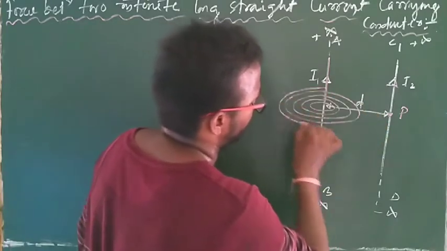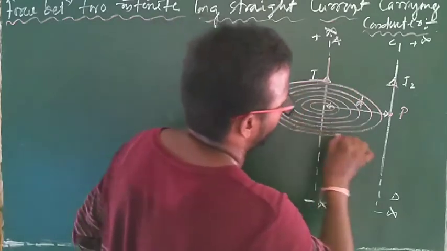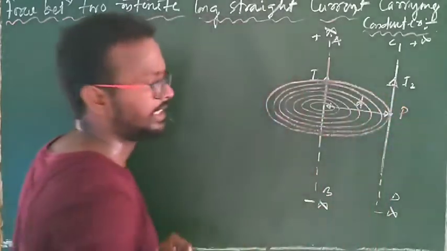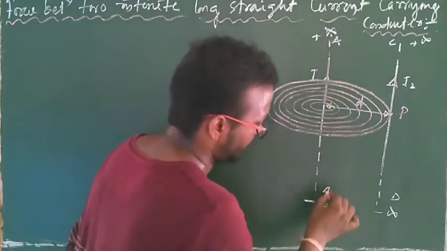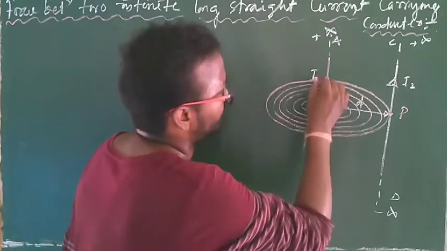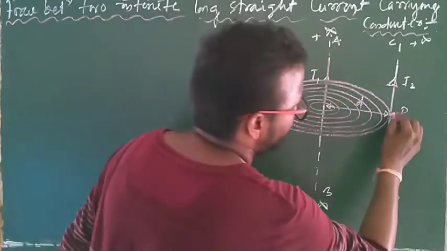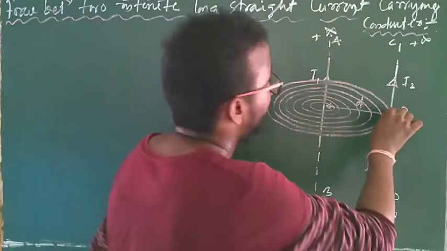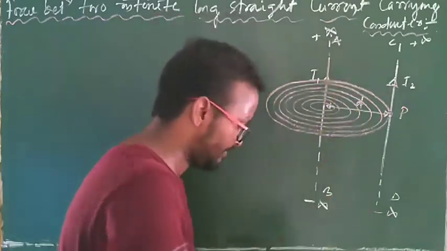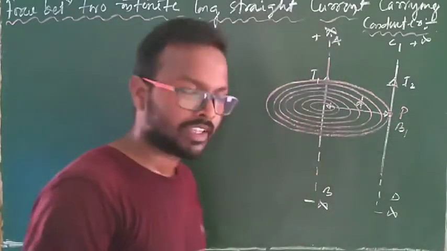Clear? So due to the infinitely long straight conductor AB, with current I1 flowing through it, the magnetic field at point P due to AB is B1. What is B1?